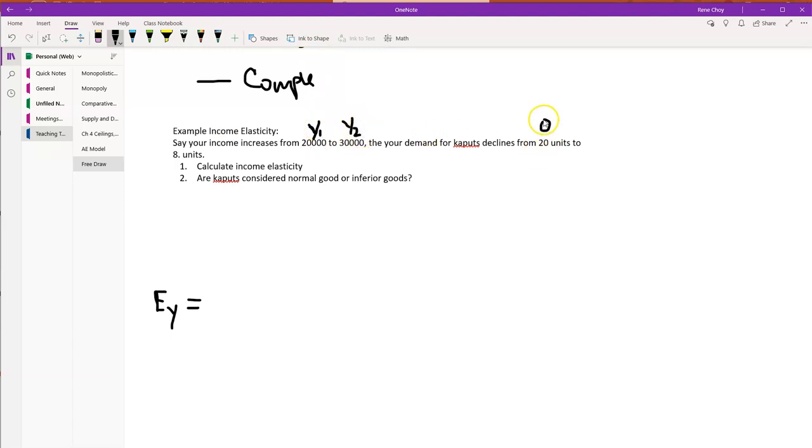This is my first quantity, Q1, and this is my second quantity, Q2. We're going to do the change in quantity first, so 8 minus 20, and then divide that by the average quantity, so 8 plus 20 divided by 2.